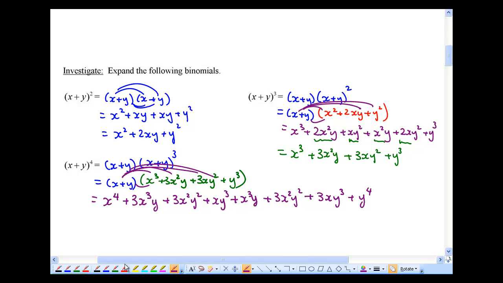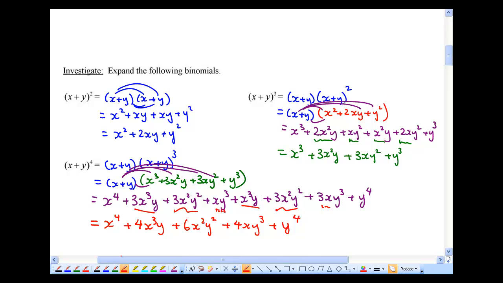And this simplifies to x to the power 4, looks like it's 4x cubed y, how about 6x squared y squared, 4xy cubed, y to the power 4. Okay.